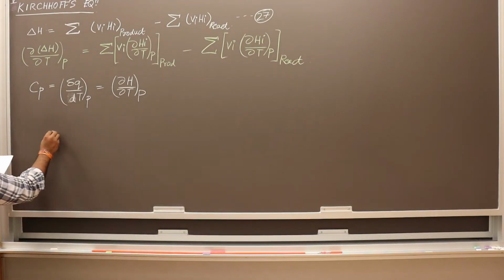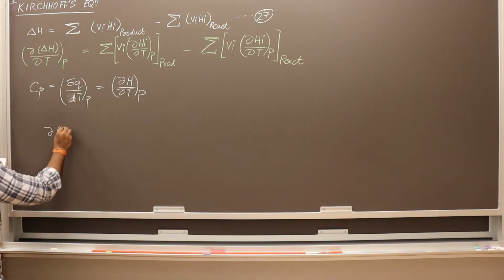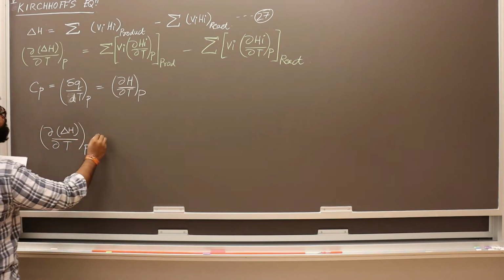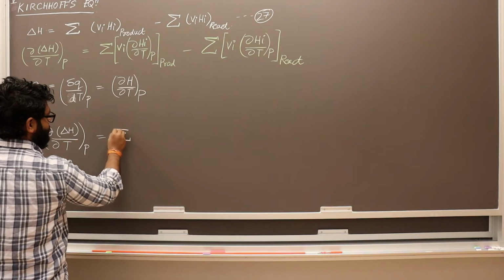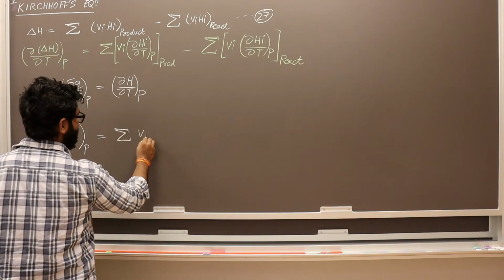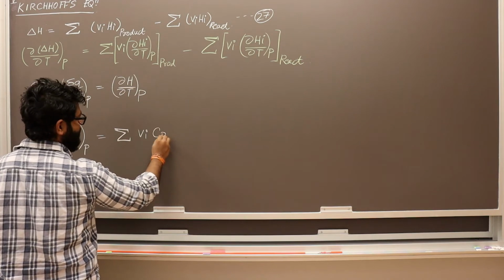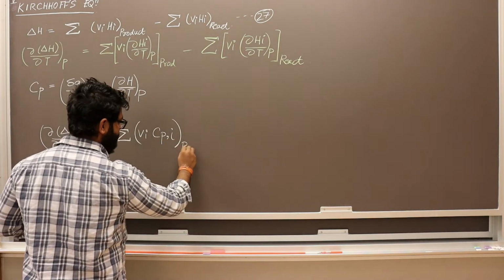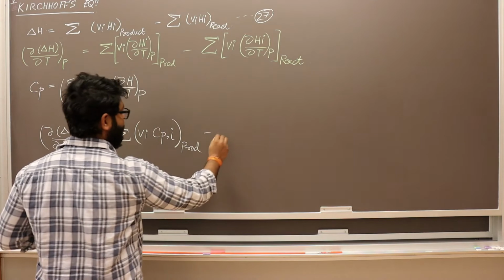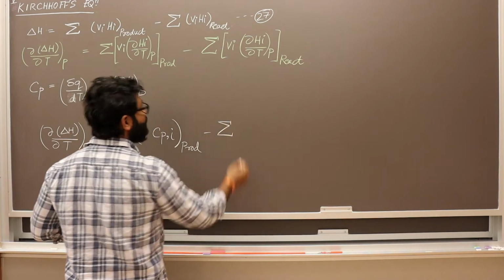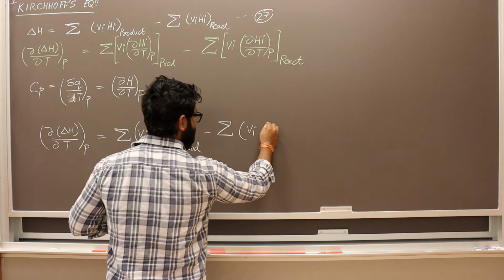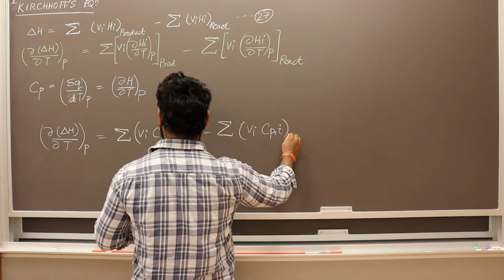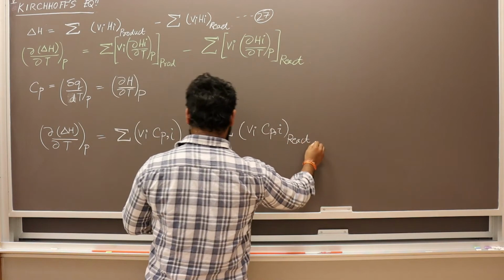What we will get is delta, this remains the same, this becomes the Cp of the individual species for the products, minus the Cp of the individual species for the reactants.